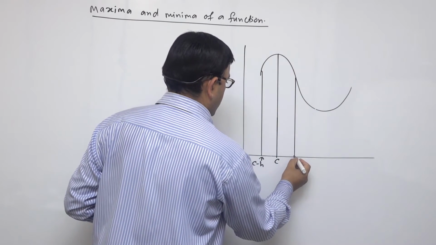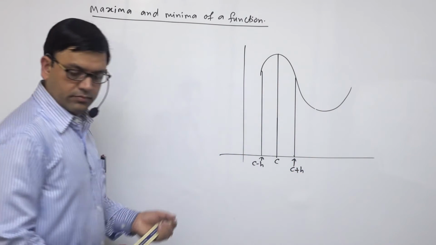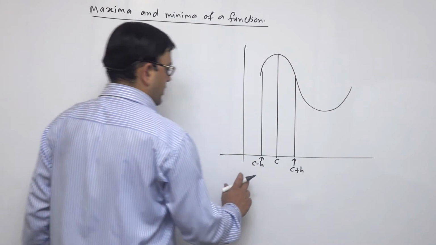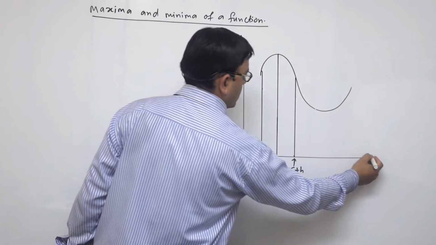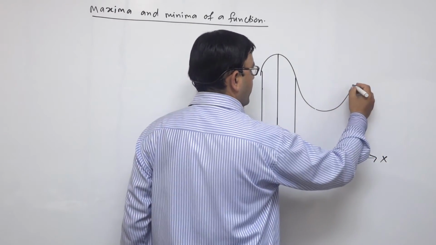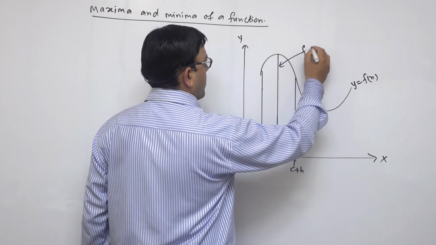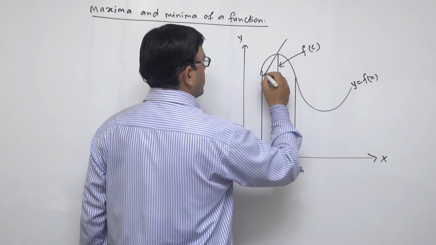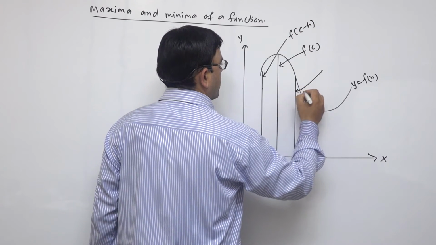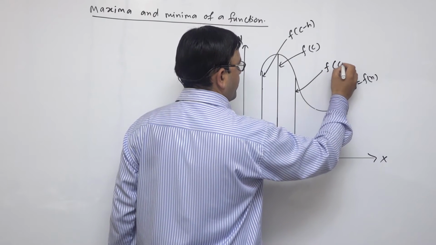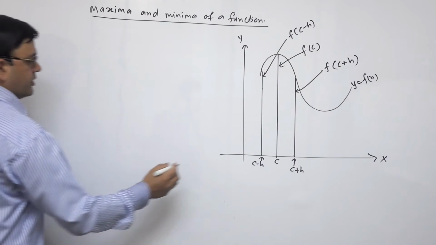Taking another point, suppose this one is C plus h. Then this is Y, this is X, and this curve is y equal to f(x), and this one is f of C, this one is f of C minus h, and this one is f of C plus h, and this one is O.